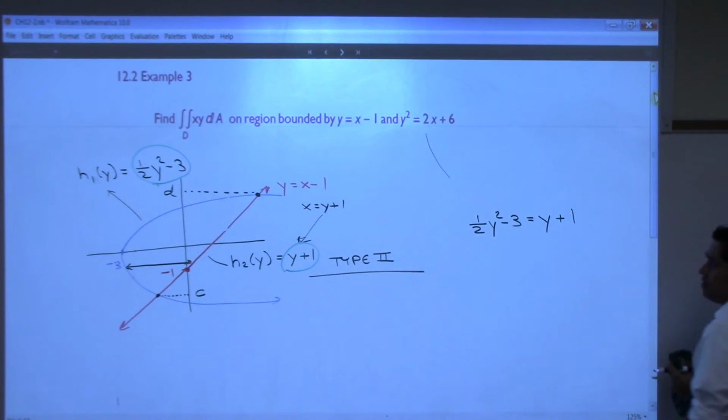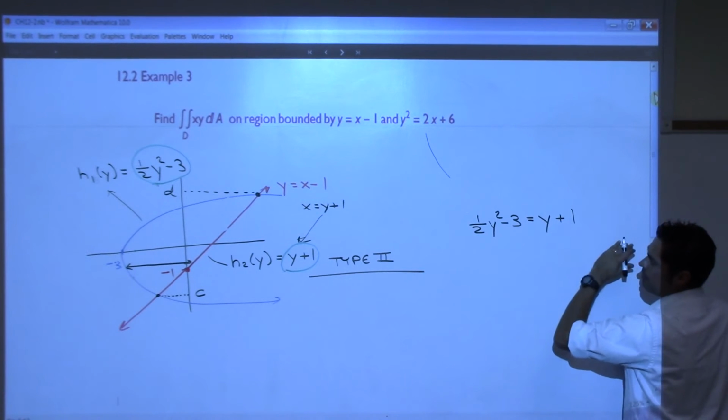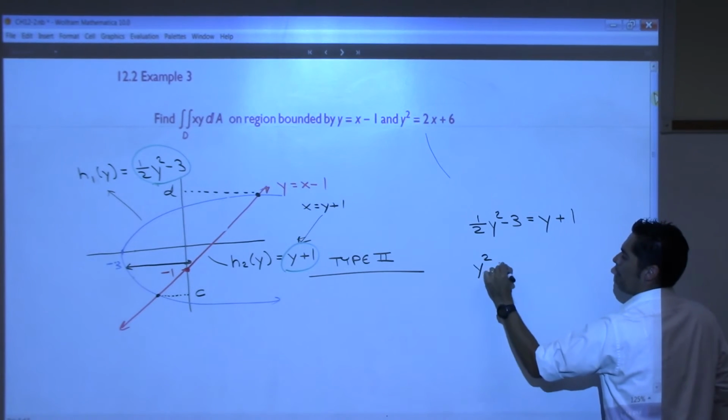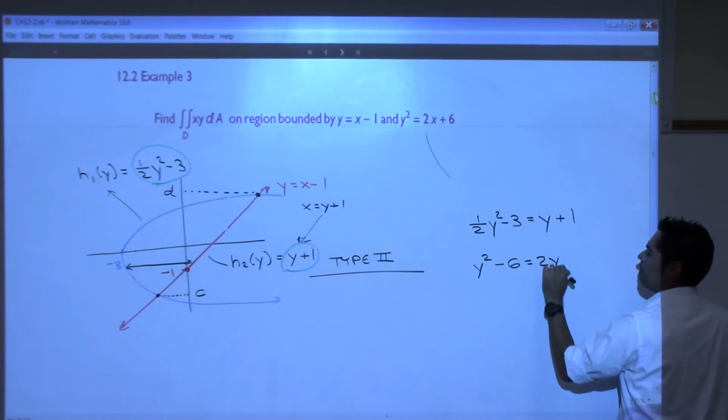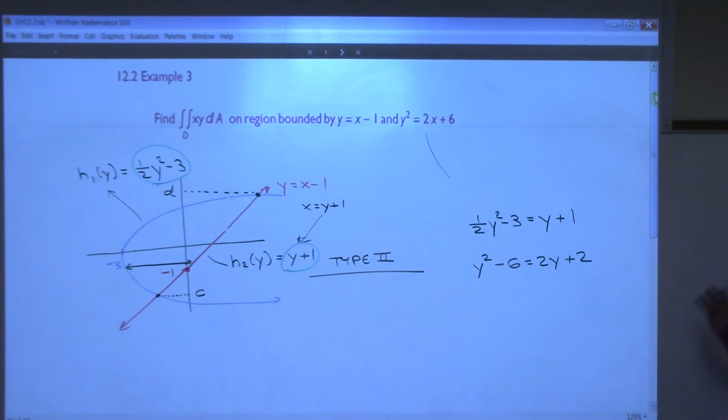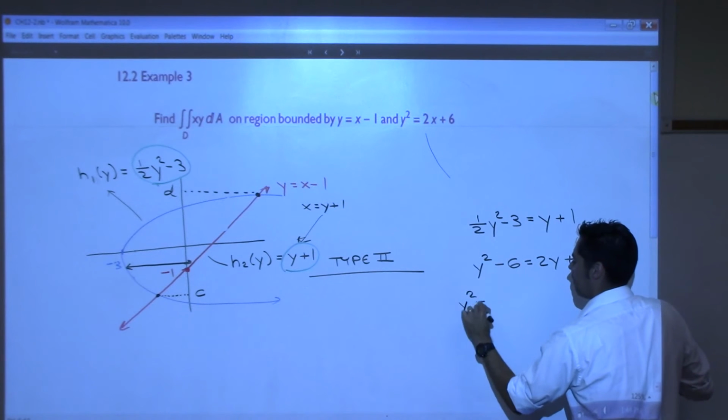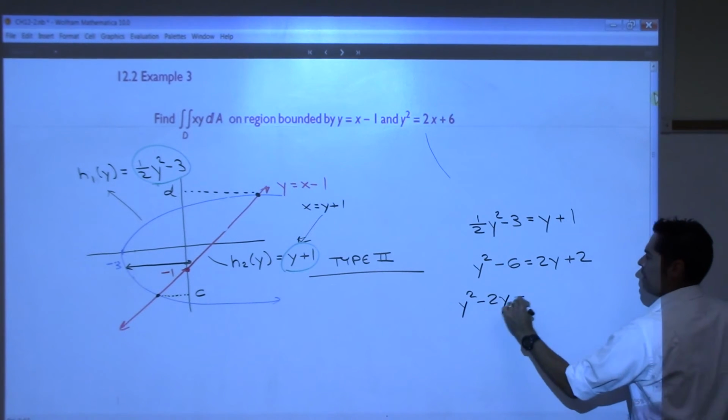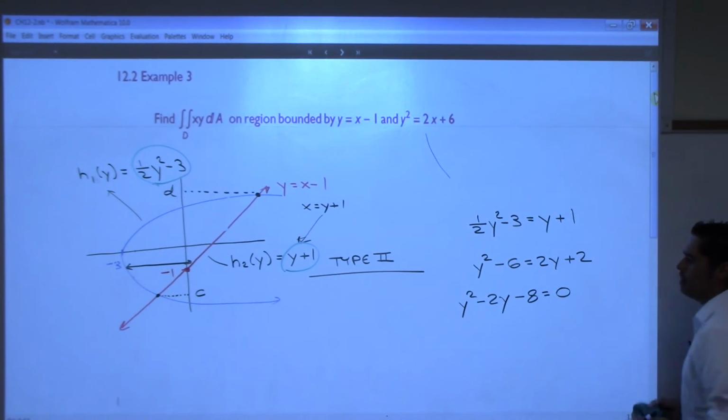This is a quadratic equation, so if I were going to solve that, I would just clear out the fractions first, multiply everything by 2. And then I get everything to one side. Minus 8? And then I'd hope it factors. And if it didn't, I'd use the quadratic formula.